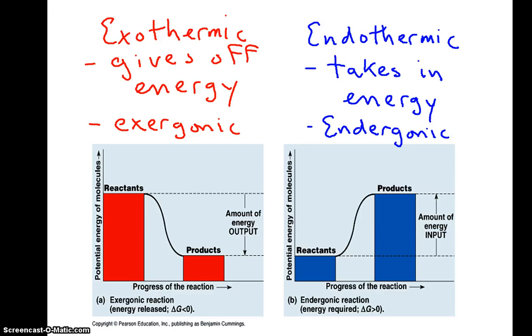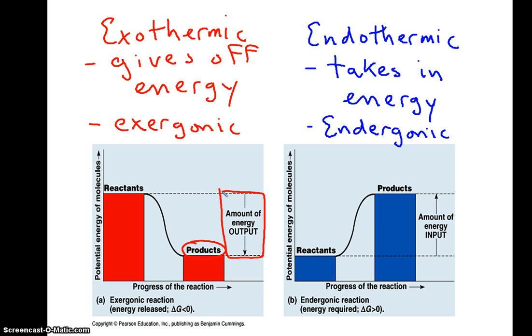So the reaction on the left over in the red is called exothermic. Think exterior, gives off energy. Sometimes the term they'll use is exergonic, so you need to be familiar with those too. But if we look here, the products end up at a much lower energy level than the reactants did. So there is a good amount of energy that is being given off by an exothermic reaction.